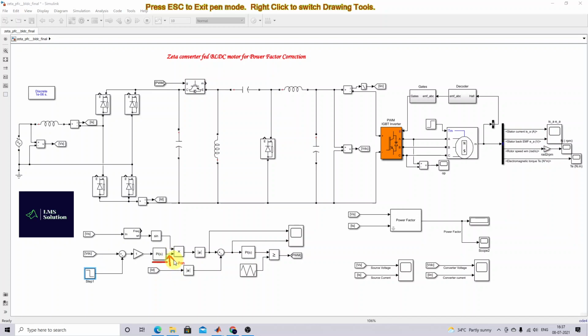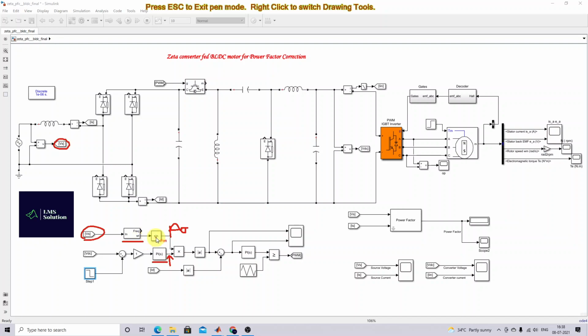This reference current magnitude is multiplied with a sinusoidal waveform. Here we get a sinusoidal waveform with an amplitude of 1, which is generated based upon the source voltage. We measure the AC source voltage, which is processed via a PLL and provides omega t.